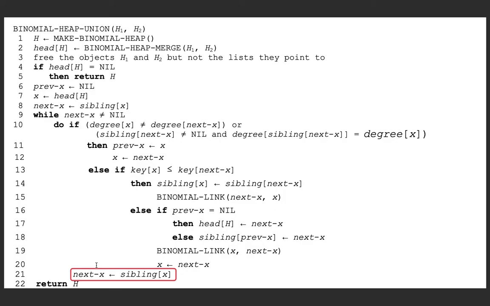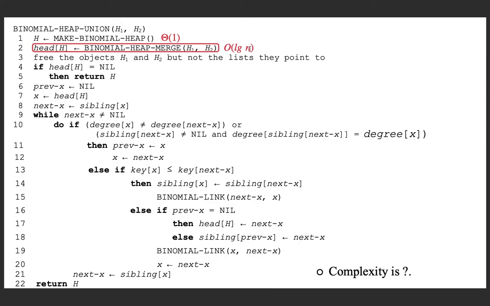That's the algorithm. We tried to understand what this algorithm is doing, and we observe that this is exactly what we wanted to do. With this, we can proceed and see the complexity of this algorithm. Looking at these statement blocks, make binomial heap is an order of 1 operation, and merge is an order of log n operation because there are log n trees in the first instance and in the second instance.